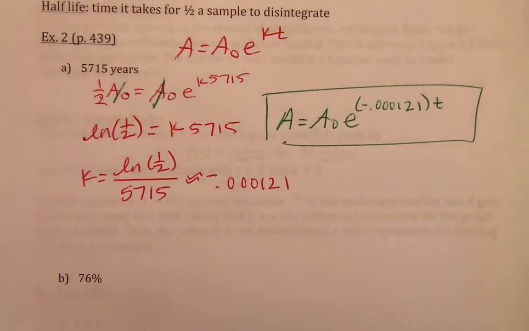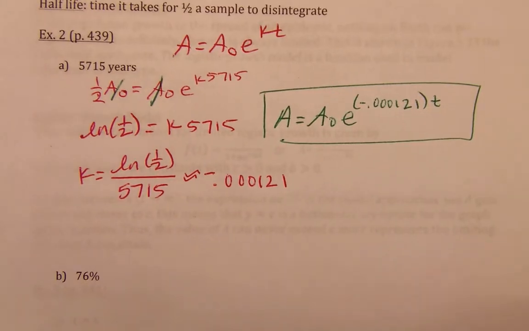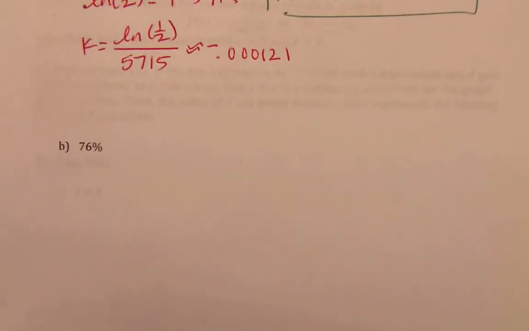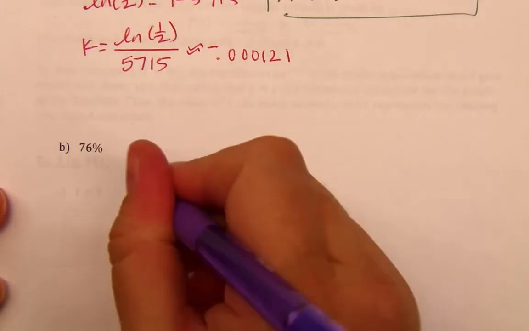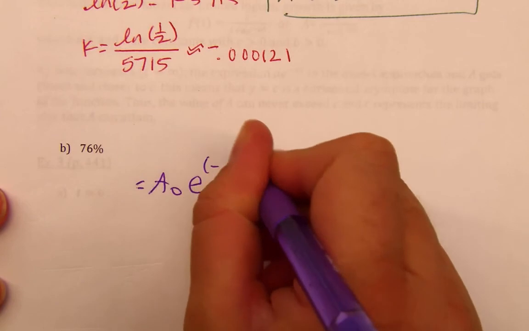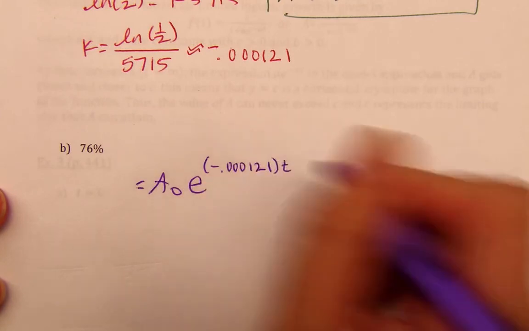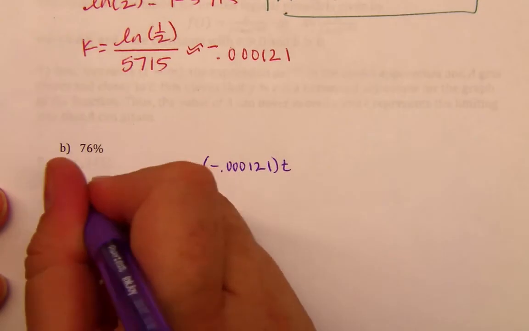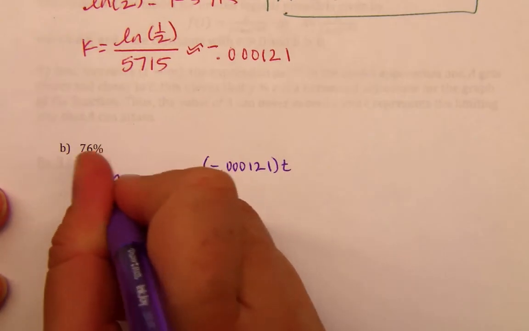Part B told us that there was 76% of the fossil's carbon-14 remaining. So what we're going to do here is whatever the original amount, we still don't know what that was. We don't know what the original amount was, but we do know that only 76% of it is left.